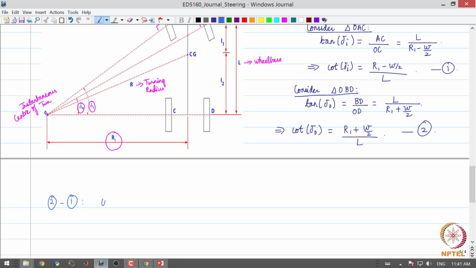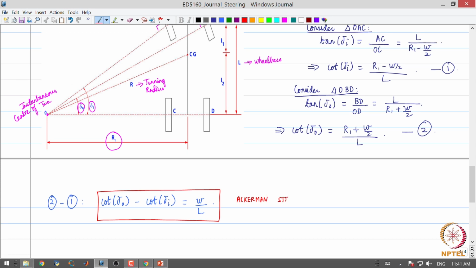We get cot delta O minus cot delta I equal to W by L. This equation is what is called the Ackermann steering condition.